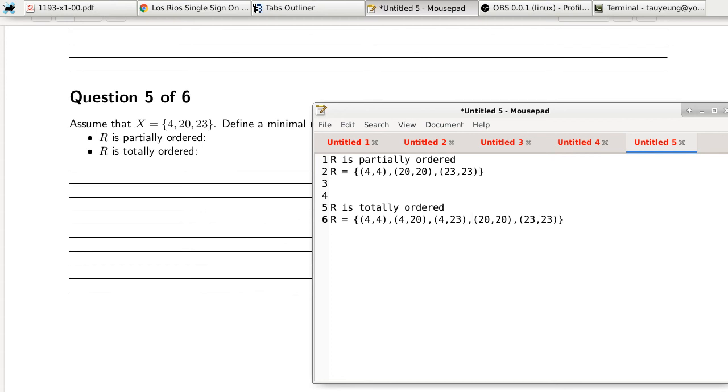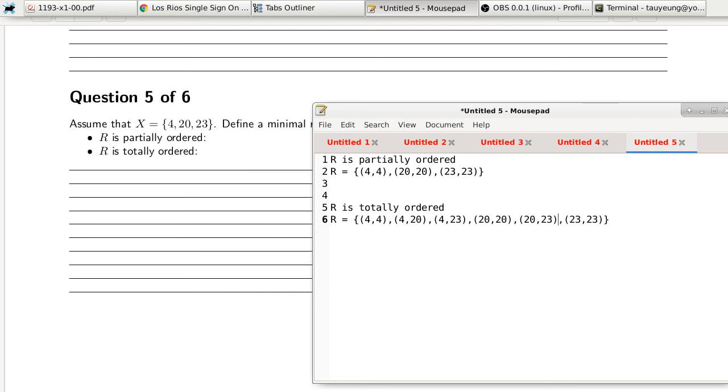Okay, but once we introduce these, it also has to be transitive. So 20 also has to relate to 23, like that. So this makes every element relate to every other element in one way or another.